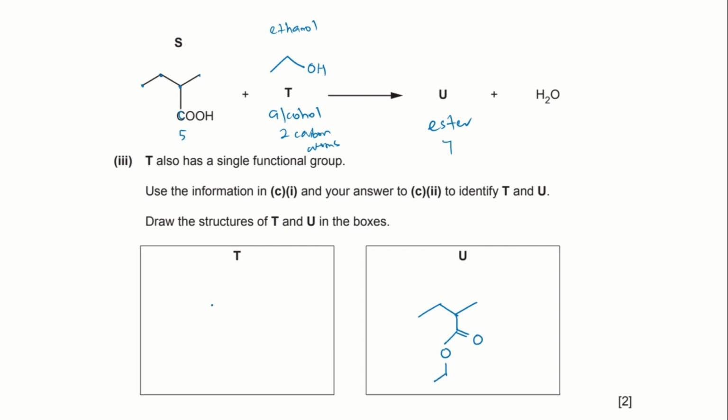And let's also put the structure of T in this box, ethanol. Now, when the question says draw structures of T and U in the boxes, the question does not specify which type of formula that you should use. That means you can use any type of formula, and I'm using skeletal formula here.